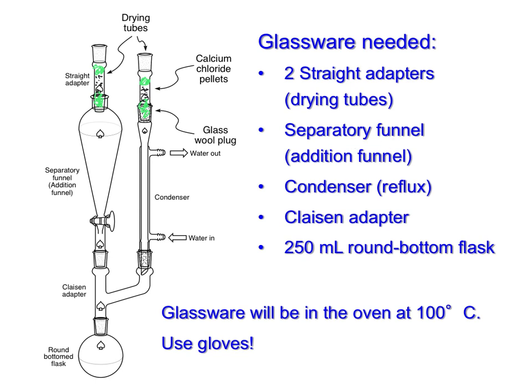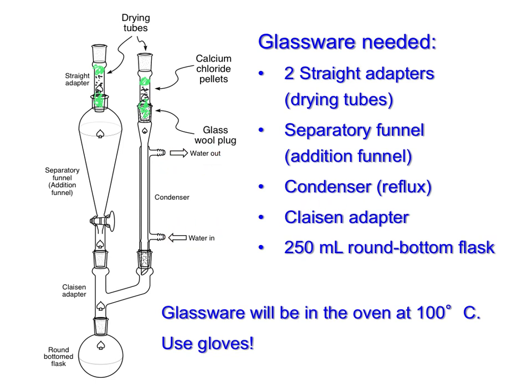We will use a separatory funnel as an addition funnel, so that we can put things in here, put our drying tube on top, and add them without allowing too much extra water in. We will have a condenser. This is going to be a reflux condenser, so we want to condense all the vapors. We will cool it with water.